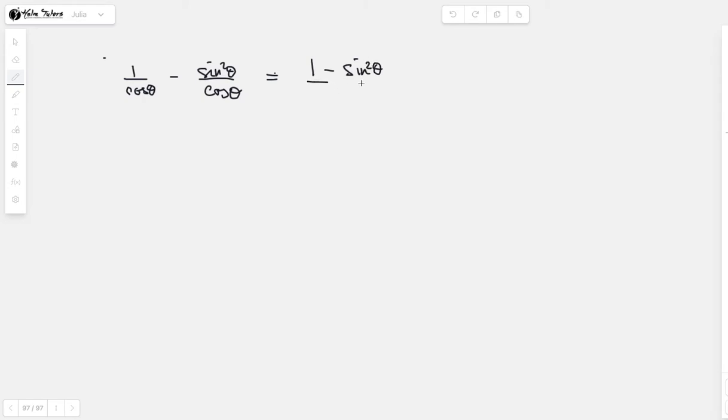That comes from sine squared plus cosine squared equals 1, by isolating cosine squared. So the numerator is cosine squared, and the denominator is just cosine. One of the cosines cancels, so the answer is cosine theta.